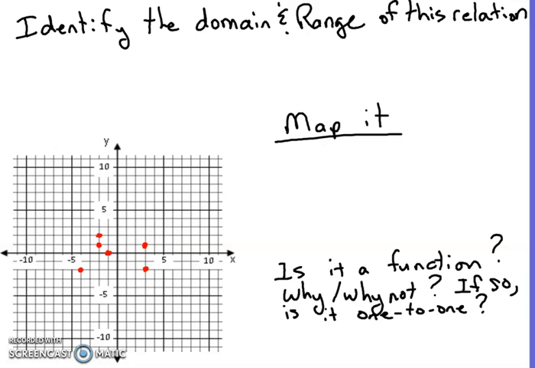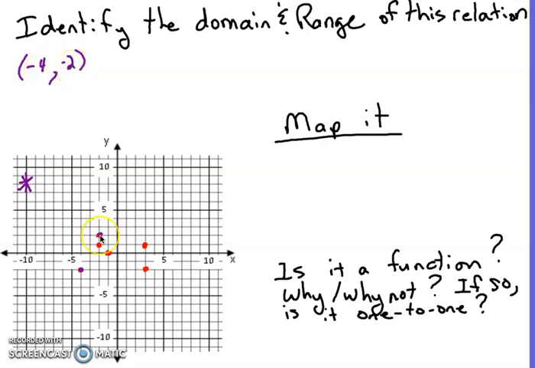So here's a problem that kind of combines all that together. So look at this graph. I want you to identify the domain and the range of this relation. Well, it is a relation. So if you started copying all the points down, this point right here is -4, -2.